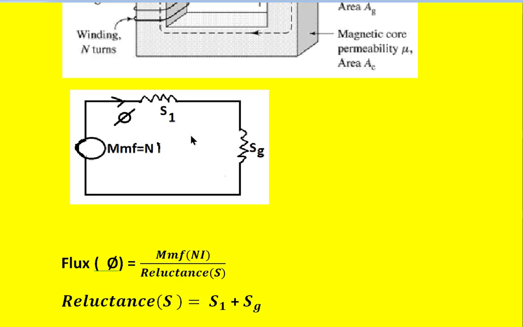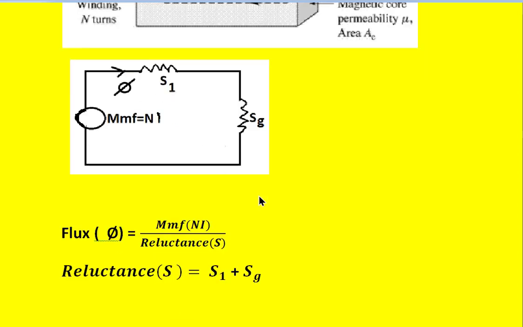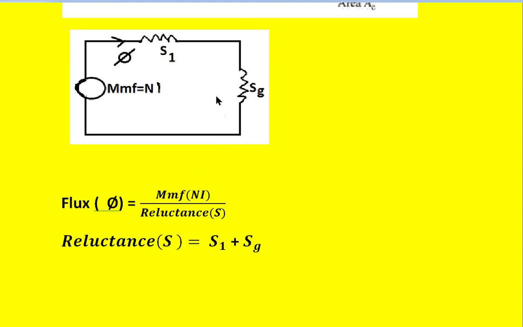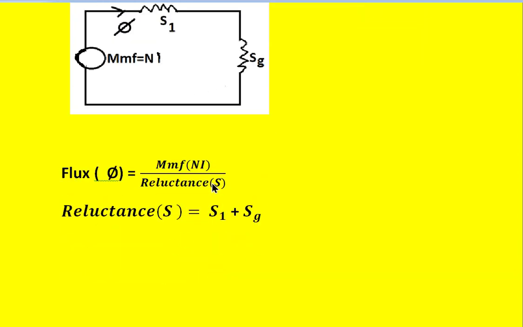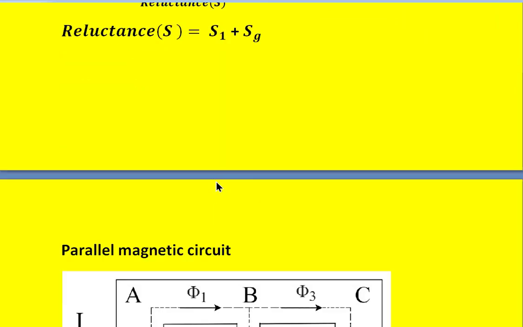Using magnetic Ohm's law, flux can be calculated like this. Flux is equal to MMF, that is Ni, divided by total reluctance. Total reluctance is nothing but S1 plus Sg, which can be represented as capital S here.